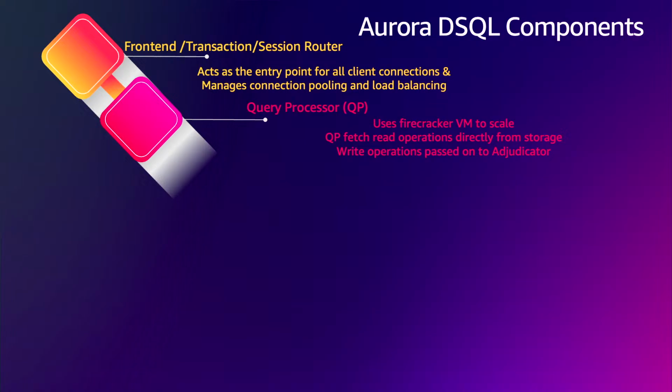When it comes to the query processor, this is a new concept. It uses Firecracker, similar to Lambda, and basically it scales. That is where the power of DSQL comes from. Read operations go directly to storage.